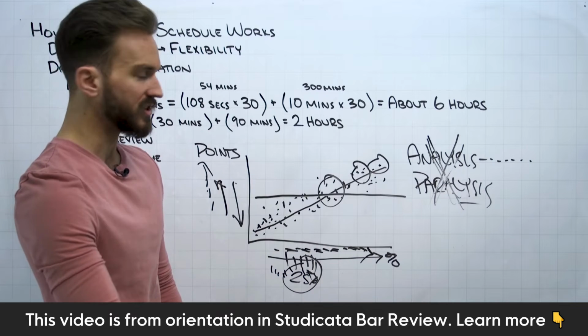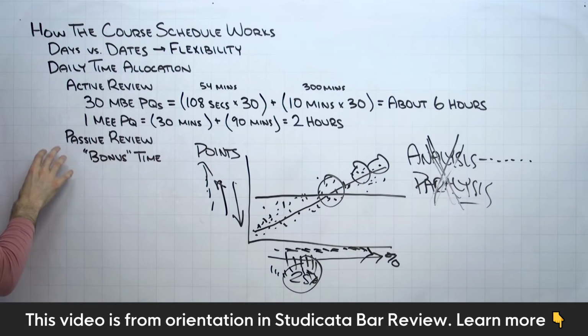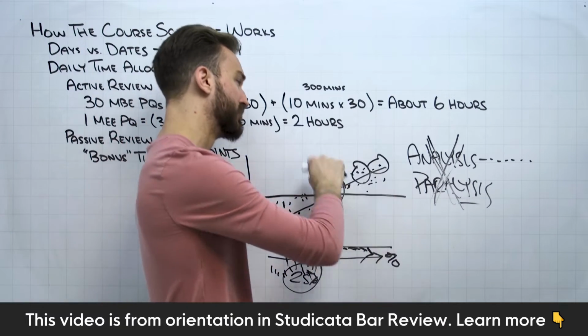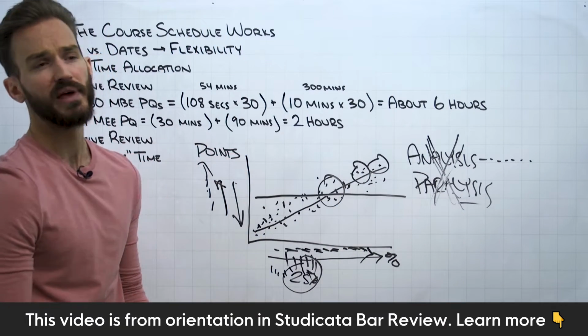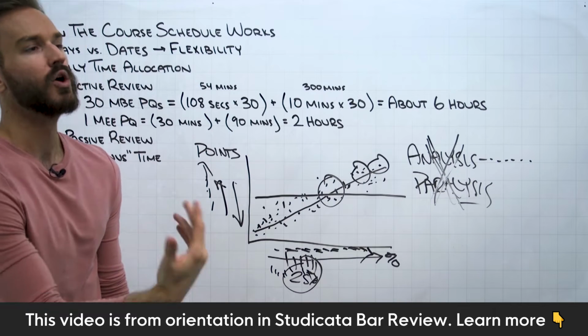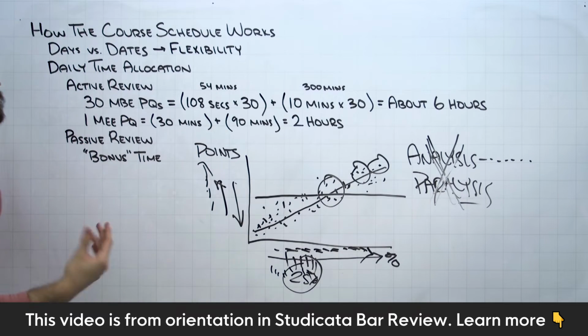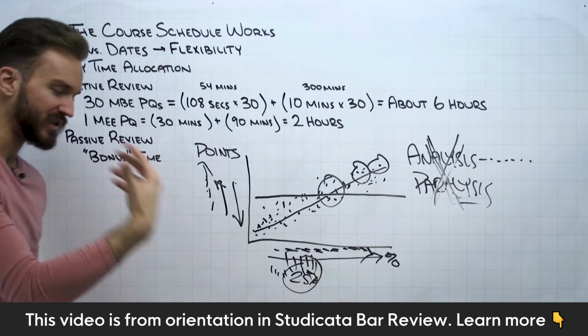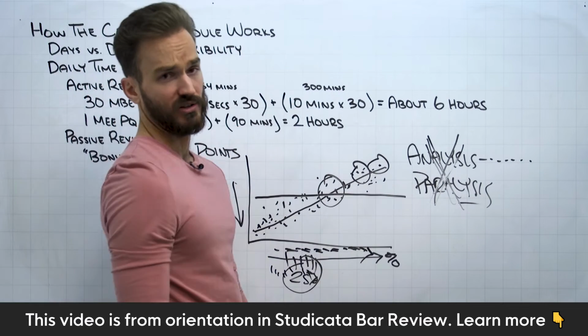But if you have extra time, that's where we then say you can go to passive review, that bonus time, right? Say you complete this in 8 hours and you're going to spend 10, 11, 12 hours a day. Well, you could spend that last 3 or 4 hours in bonus time going over the outlines, flashcards, watching lectures, right?